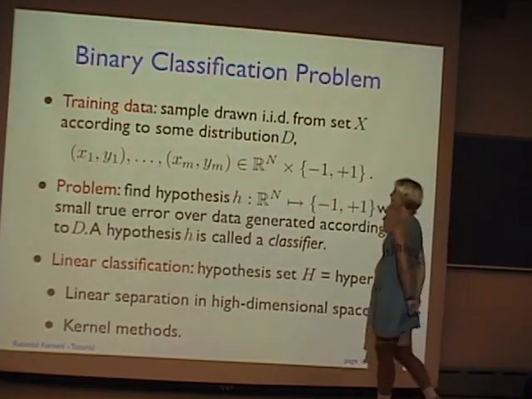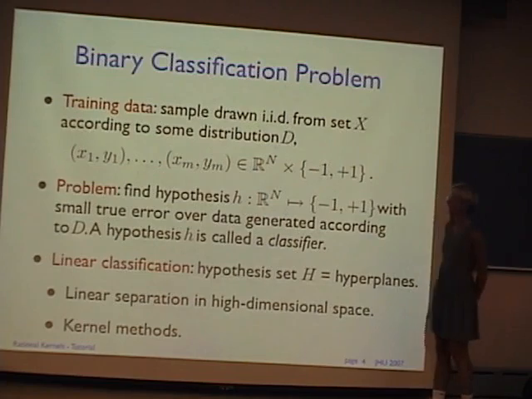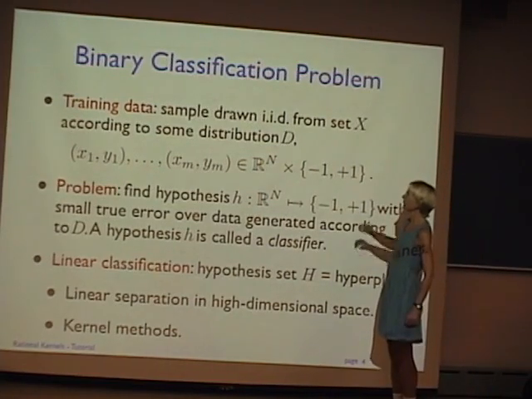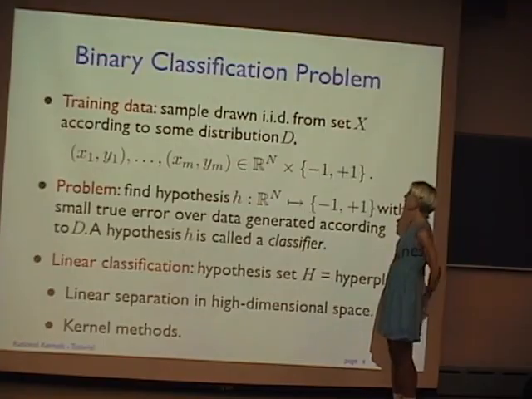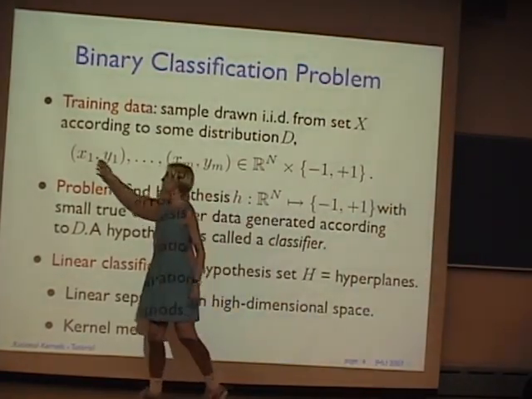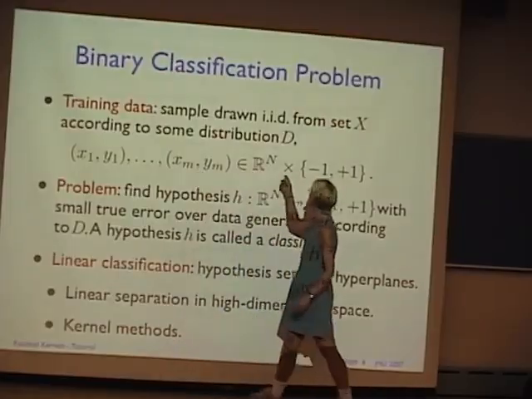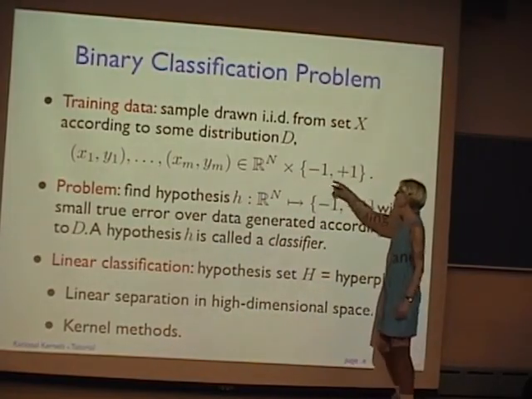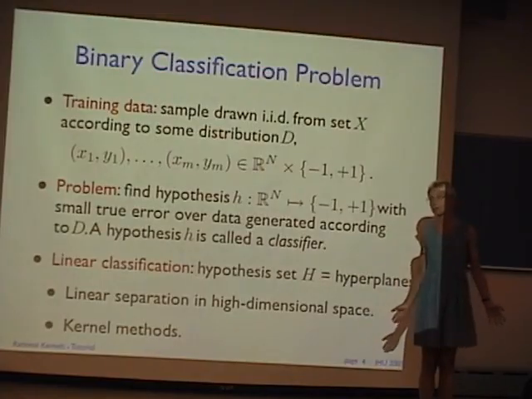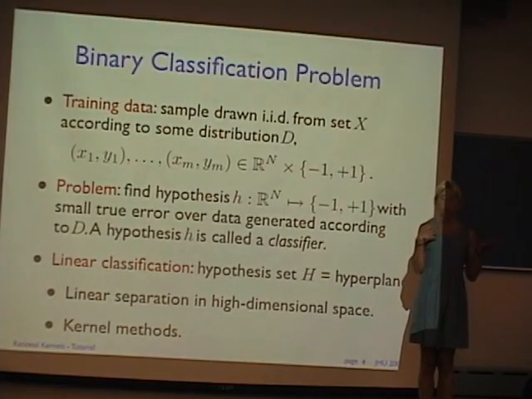When you have a binary classification problem in a learning task, you are typically given a set of labeled examples. They are sampled IID according to some distribution. They come with an input vector describing them and a label, which for a binary class can conveniently be -1 or 1.